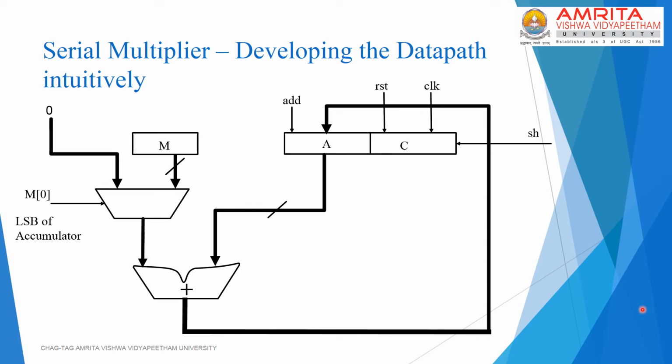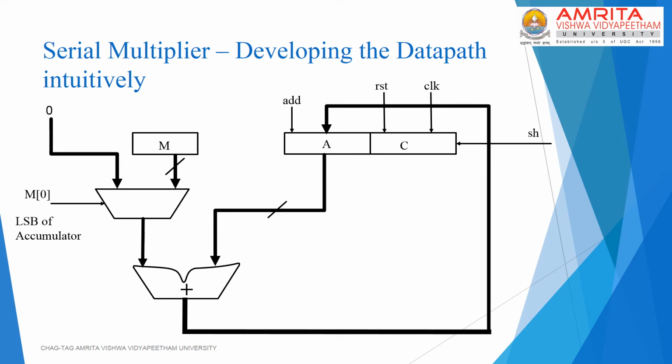Now once these data path elements have been identified, the rest of the process for implementing these data paths can be carried out using hardware description languages. So we can develop individual behavioral models of the adder, the mux, the register and the accumulator.